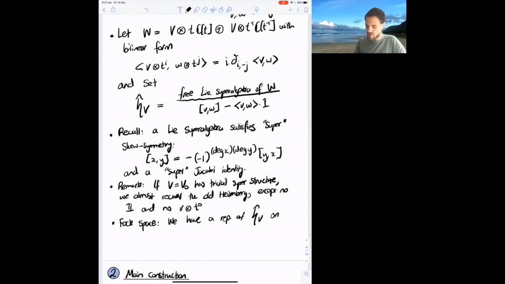the following thing. So Fock space, I'm pretty sure this is exactly the way Emily defined it. We look at the symmetric algebra of V tensor T inverse C[T inverse]. That's what Emily looked at.